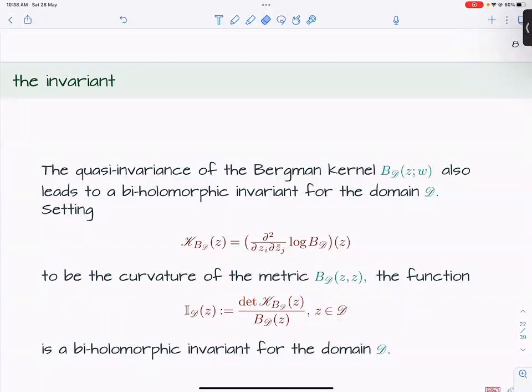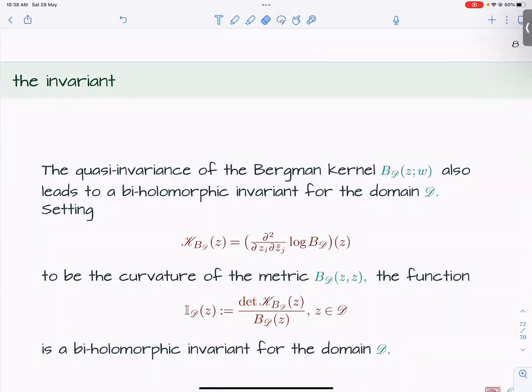Now, the quasi-invariance of the Bergman kernel also leads to a biholomorphic invariant for the domain D. That is what now I want to explain. Well, we are in more than one variable. Yesterday, when I was talking about the curvature and so on, we were talking about only objects in one variable.